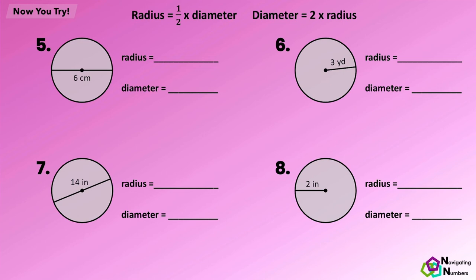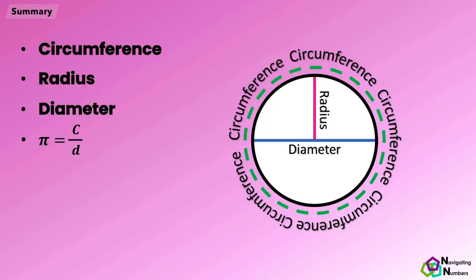Here are some problems for you to try. And let's go ahead and summarize. So remember that the circumference is the distance around the circle. The radius is the distance from the center point to any point on that outline of the circle. The diameter is the measure that connects 2 points on your circle that goes through that center point.